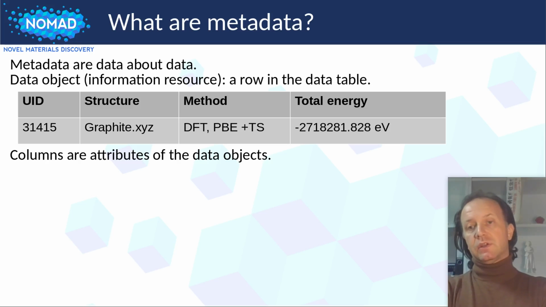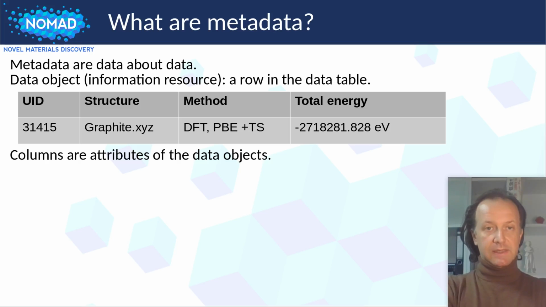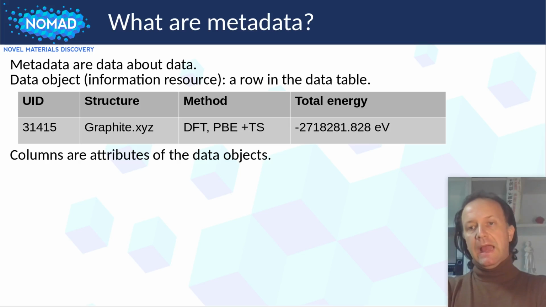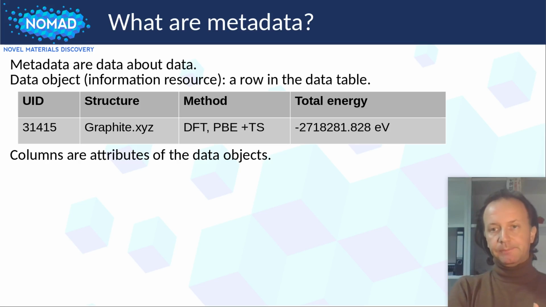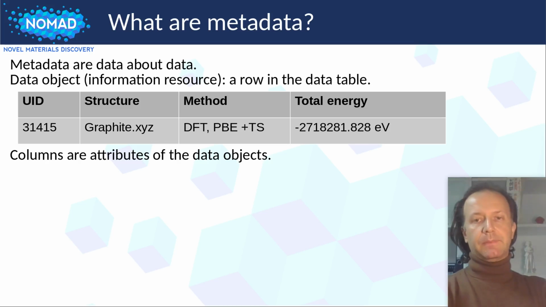And then the calculation has been performed with some method, some abbreviation obscure to some, not so obscure to others: density functional theory, some specific exchange correlation functional, and one has calculated, for example, the total energy of that structure. So the columns of this table are called attributes of the data objects, and the whole row is one data object.